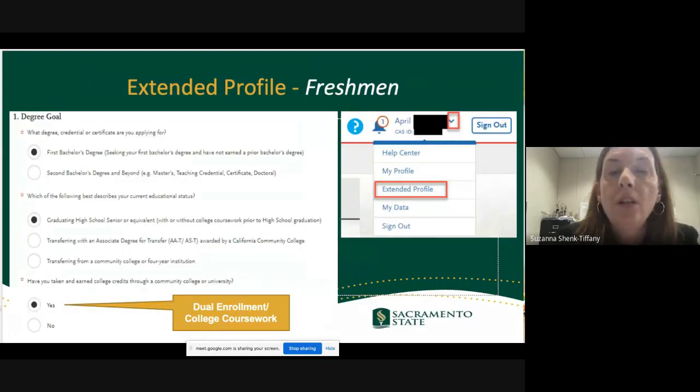When you're filling out your extended profile as a freshman, you've got to remember a lot of people are filling out this application from all different walks of life. So be careful with these questions. You're all applying for your first bachelor's degree, and you're all graduating high school seniors or equivalent. So even if you've accrued like 15 college units, you're still a graduating high school senior.